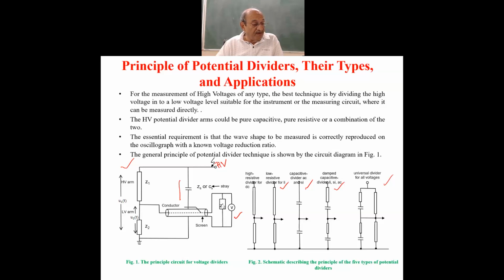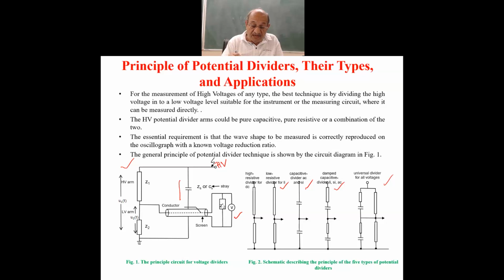And the oscilloscope will have its own impedance. Then there will be some more impedance formed, I mean the effective impedance measured across the voltmeter.